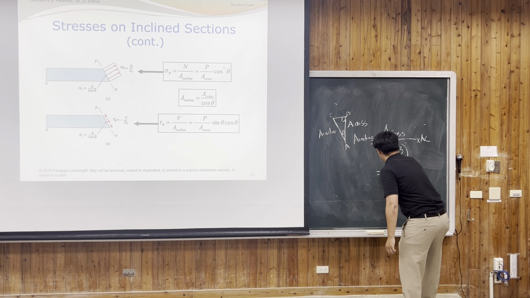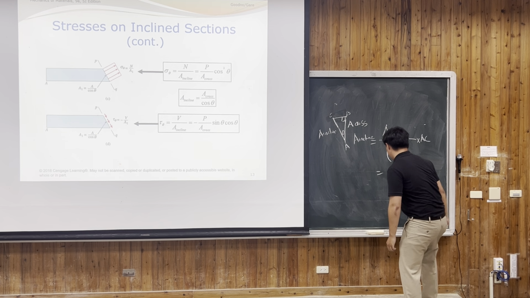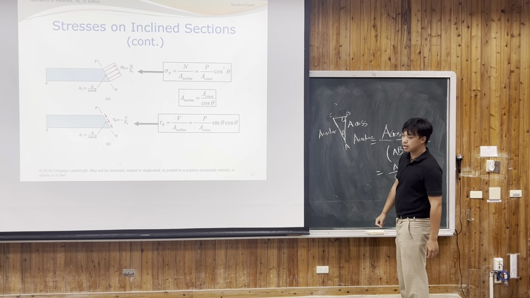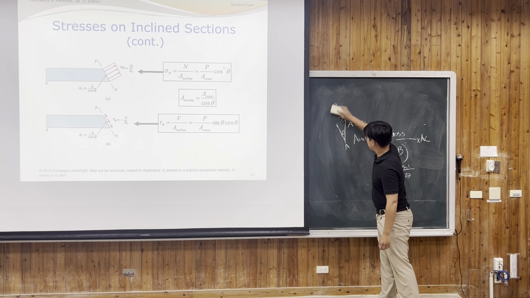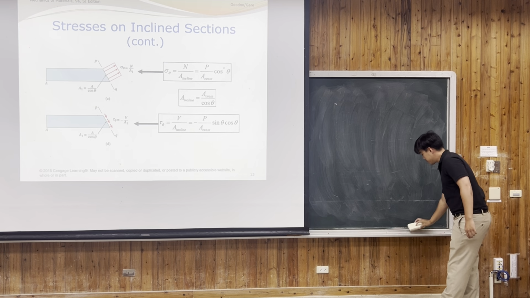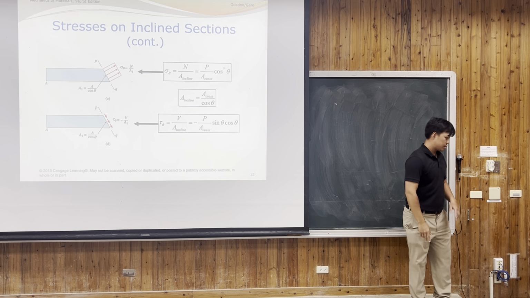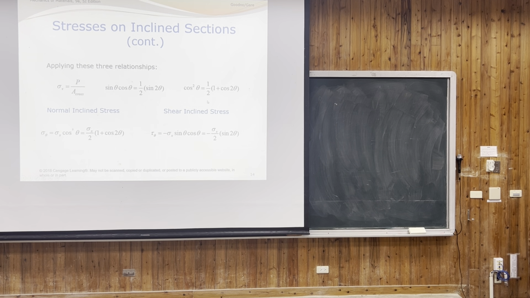So it will equal A cross divided by cosine theta. So you guys will have to remember at least some of the equations, like the inclined plane, the cross section, the inclined section.